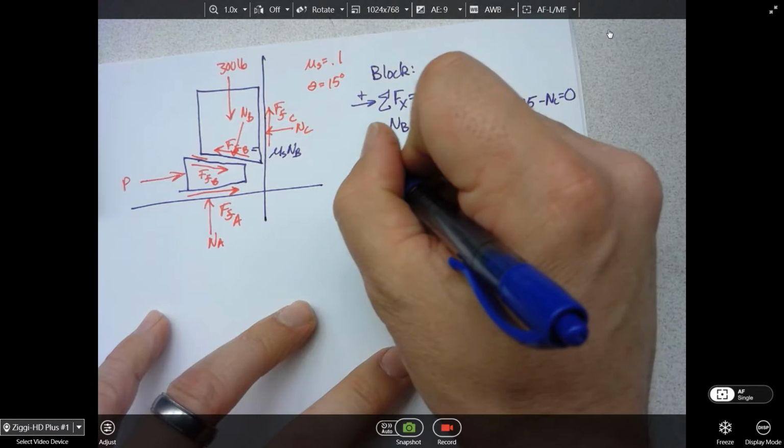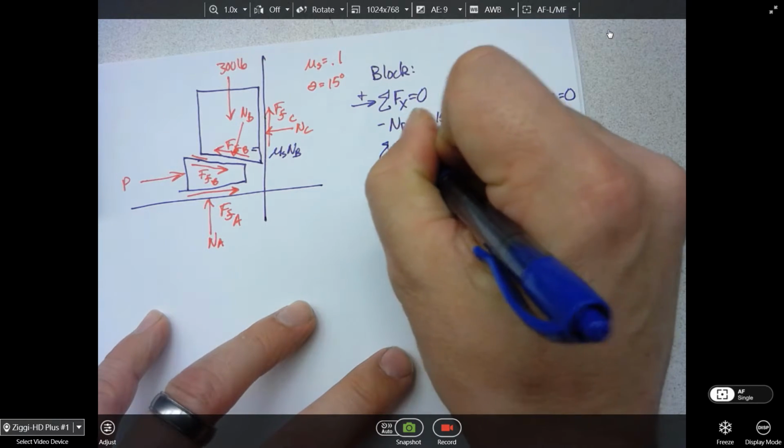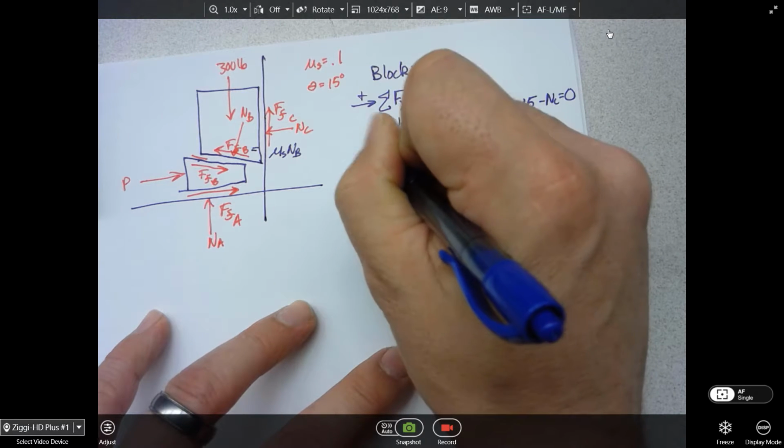Okay. And let's do the sum of the forces in the y, set that equal to 0.